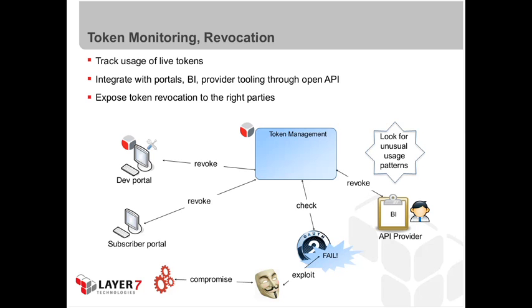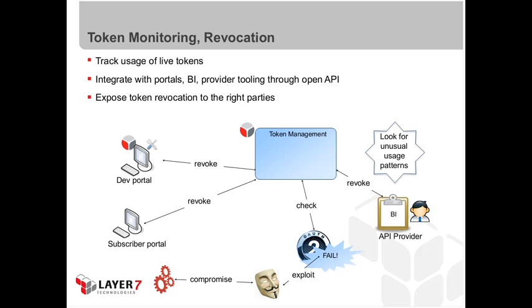So imagine that I'm a subscriber and I grant authorization for an application to consume an API on my behalf, and as part of that authorization grant, I would get an email confirmation by the provider.